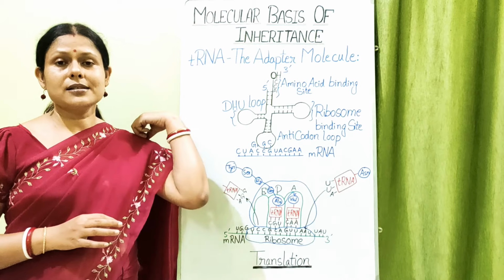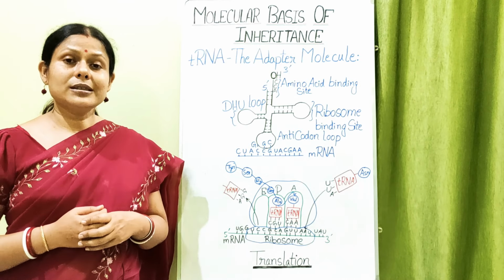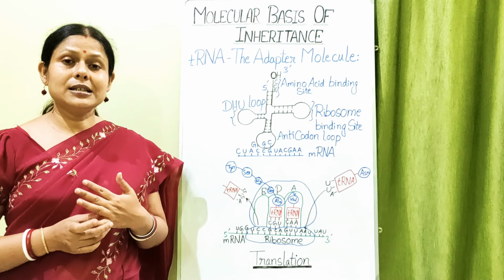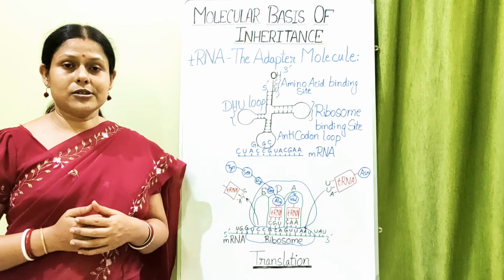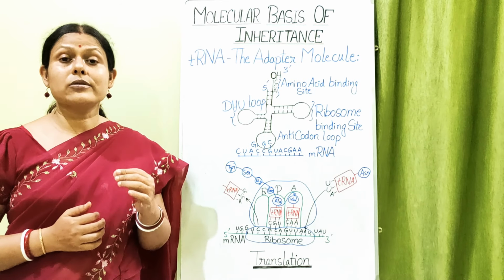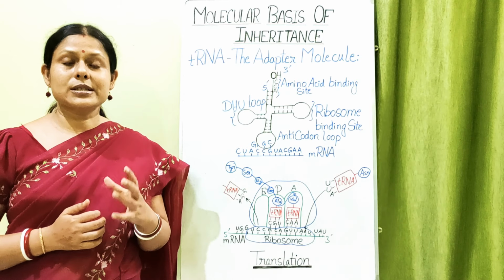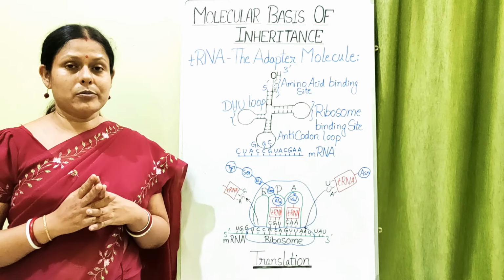Now, this larger subunit is further made up of various other parts. In that, there is 23S type of RNA, which has a catalytic function, like an enzyme, which is called ribozyme, and it is also responsible for peptide bond formation.